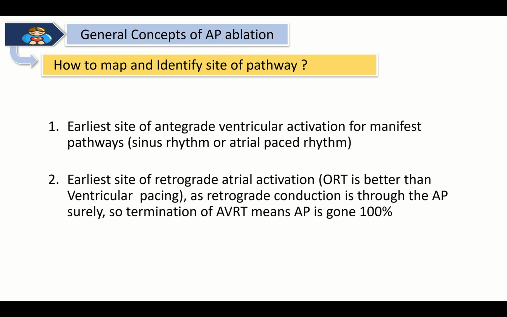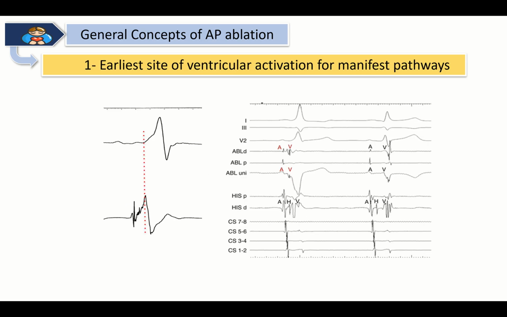During retrograde conduction, it's better to ablate the accessory pathway during orthodromic tachycardia than ventricular pacing, because if the tachycardia terminates, it means the accessory pathway is gone 100%, with no retrograde conduction over the node. It's only the accessory pathway.